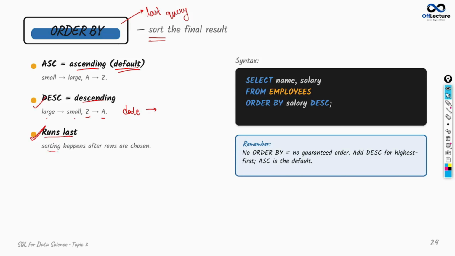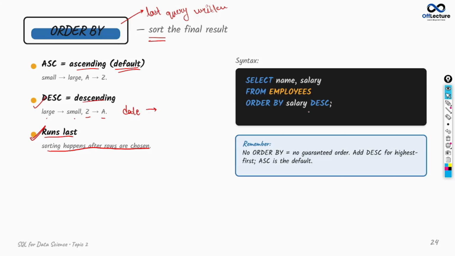You already remember that it runs at the last. So sorting happens after all the rows are chosen. It is the last clause which is being written and also the last being executed. The syntax is pretty simple. We will write select name, salary from employees order by salary descending.